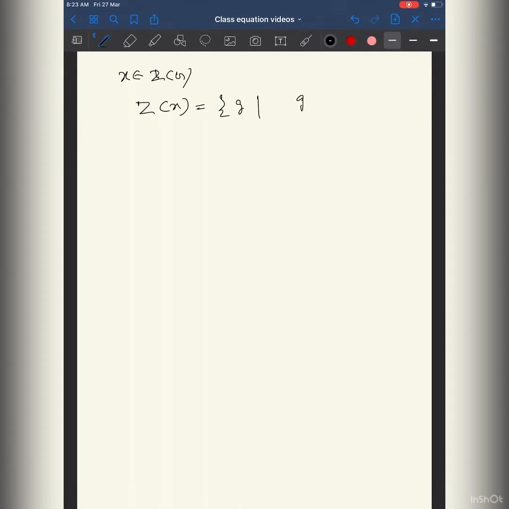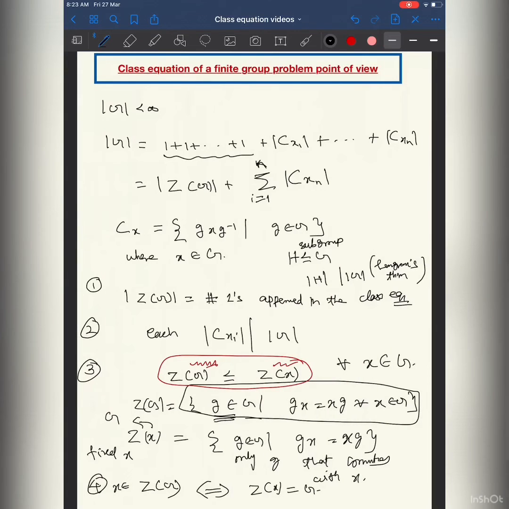Here I am taking only g such that gx equals xg, but since this element belongs to the center, it commutes with every other element, so that is equal to the whole G. In the reverse case, if this is equal to whole G, that means x commutes with every other element, which implies x belongs to the center of G. These four facts are going to play a very vital role.